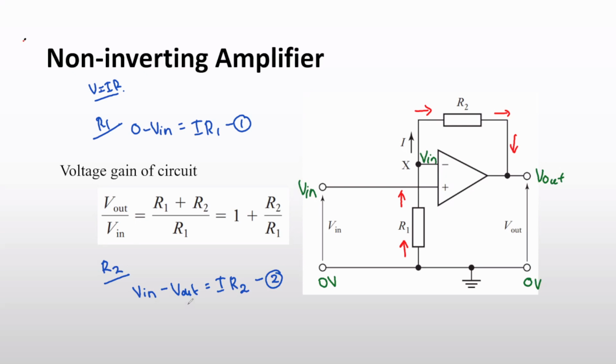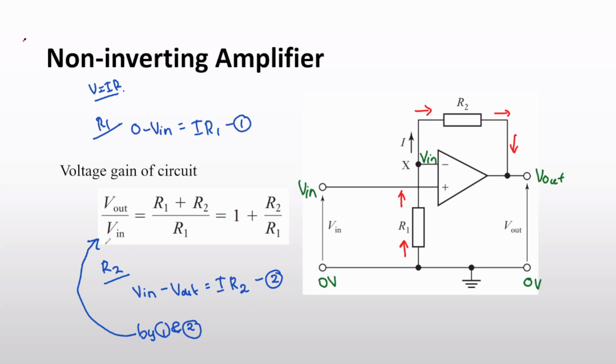So therefore, by these two equations, 1 and 2, you can rearrange the equations and get this answer. So you have to try it, because otherwise I'm not going to give you all the things and all the proving.